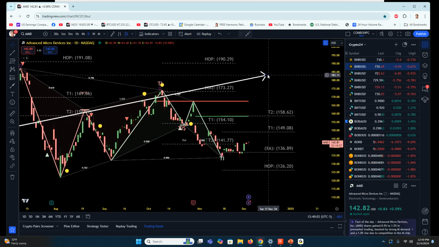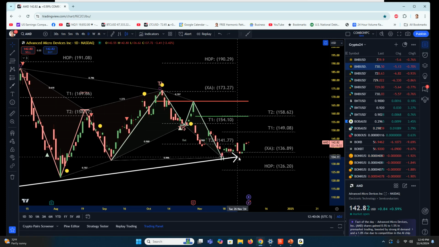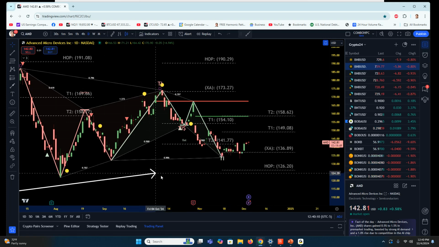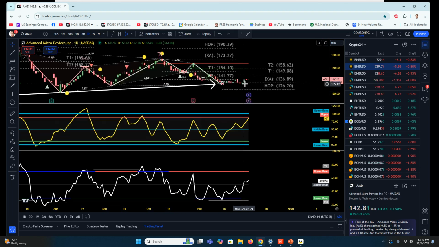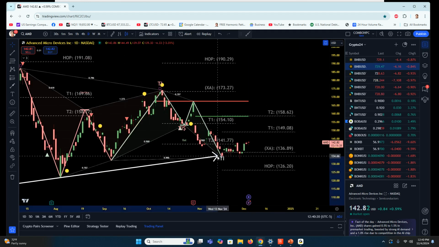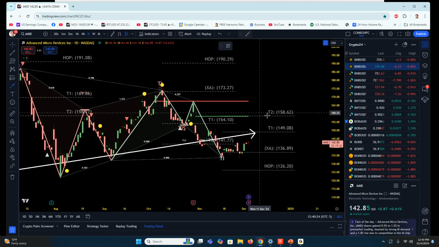So advanced micro devices. Doesn't seem like it's doing much. It's been in a downtrend for most of the last 6 months. Just completed the bat pattern. No confirmation. Where's my dot? It's not here. But we're still in an early price reaction mode. What I would look for, probably a simple reaction.